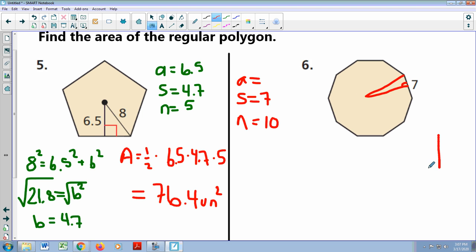So when I draw this triangle, I know this would be 360 divided by 10, which is 36, divided by 2 is 18. So I know that angle is 18. I know my apothem is right here. And I know my side length right here is 3.5, because that's half of 7.